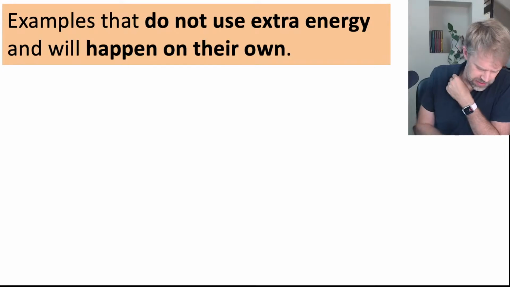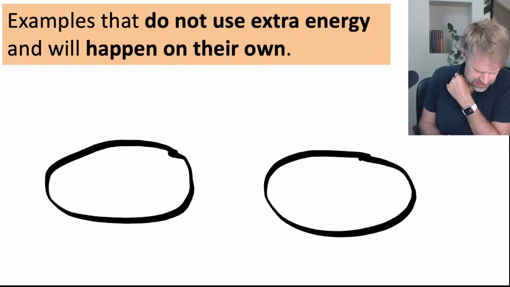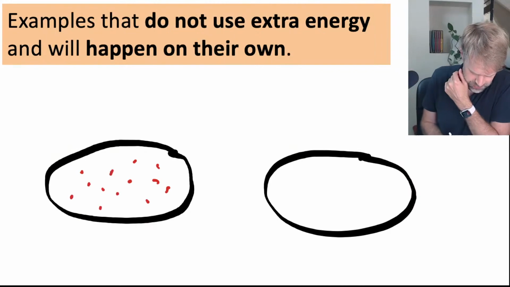We have seen a variety of examples of things that will happen on their own and do not need any extra energy. And things that are going to happen on their own are going to be situations where things move from a concentration that is high to a concentration that is low.